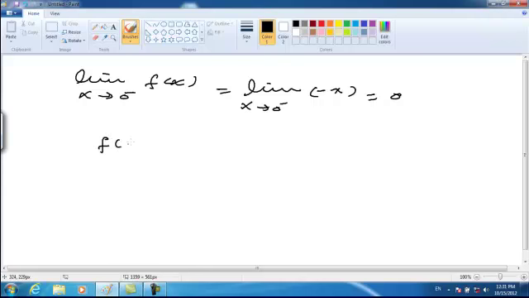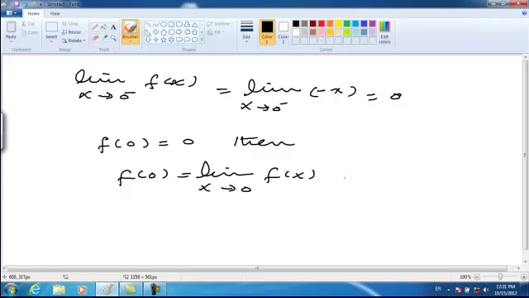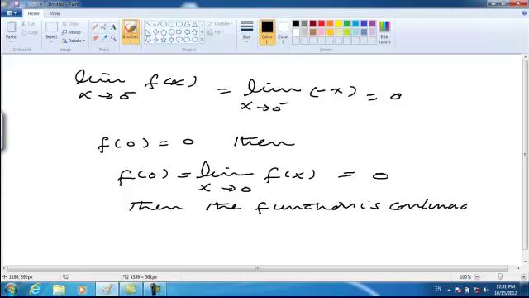Since f of 0 equals 0, then f of 0 equals limit f of x as x tends to 0, all equal 0. Then the function is continuous at x equals 0.